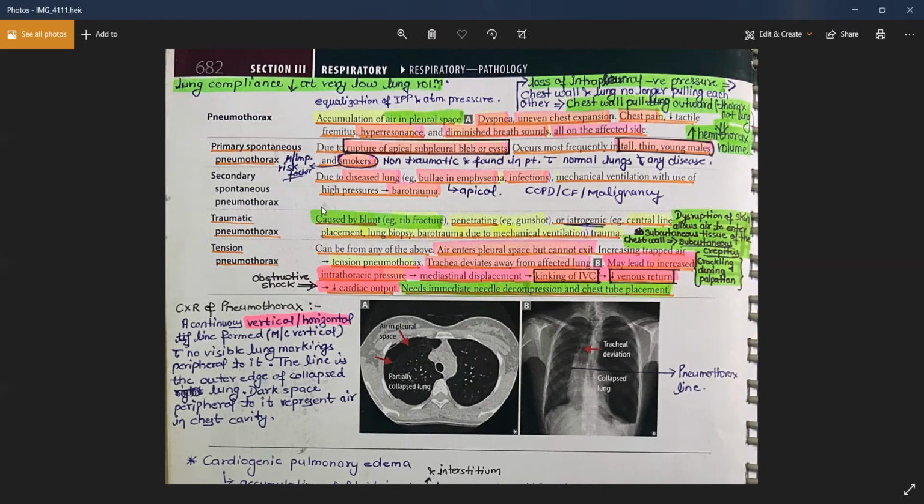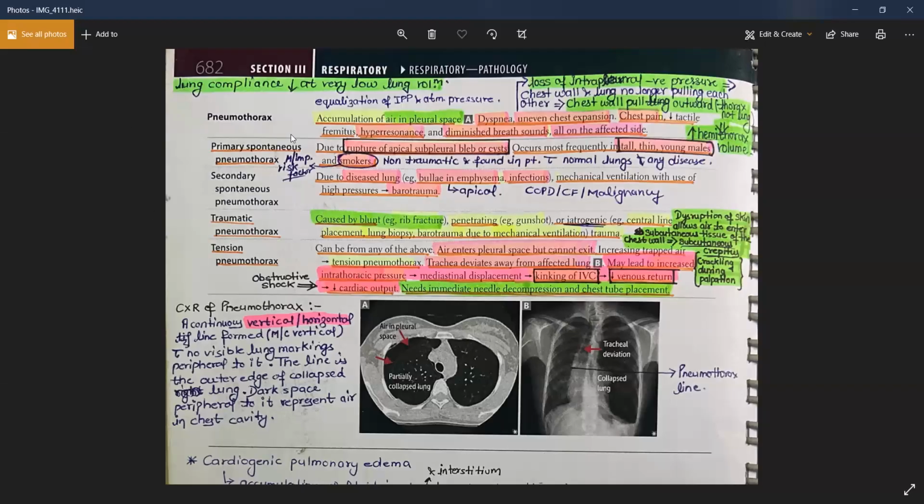If this negative pressure is now lost, your chest wall can easily go outward because of its elasticity. So the expansion of a unilateral chest will happen, and this will increase the hemithorax volume. Very important.